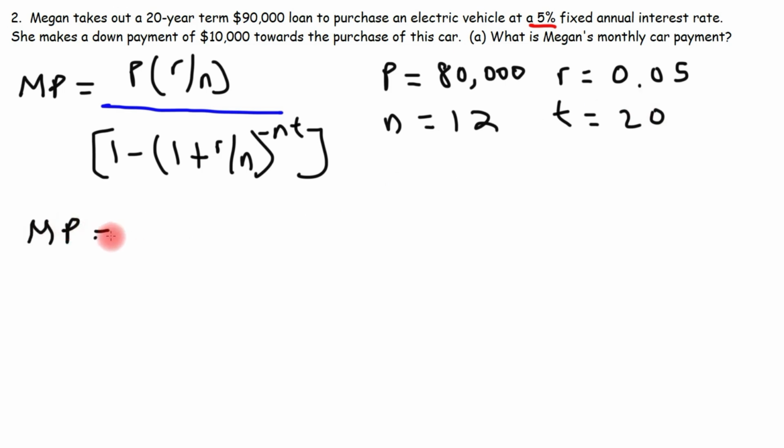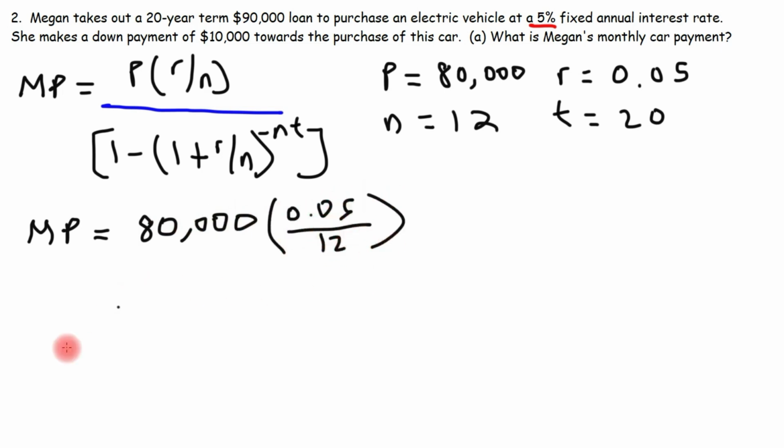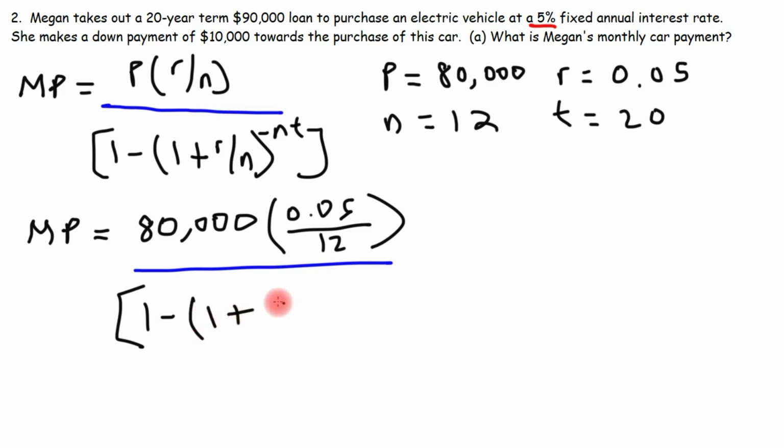Now, let's go ahead and plug in everything into this formula. So we're going to have 80,000 times R. R is 0.05 divided by 12. All divided by 1 minus 1 plus R over N raised to the negative NT. So N is 12, T is 20.